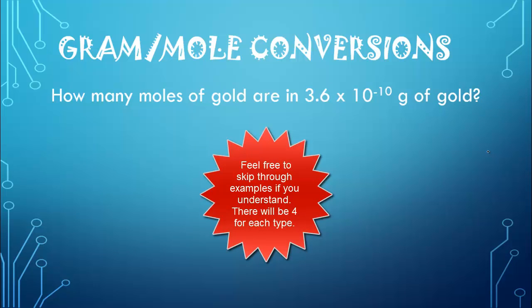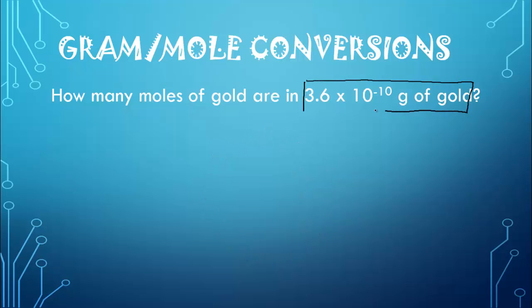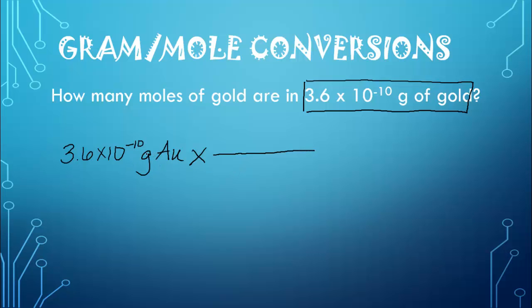grams of gold? Again, this is what we were given, so this is where we're going to start. So we have 3.6 times 10 to the negative 10th grams of gold. And we are going to times a line. Get rid of grams of gold, so we're going to put it on bottom. We want to change to moles, so we put it on top. So we've canceled grams of Au, changing to moles.